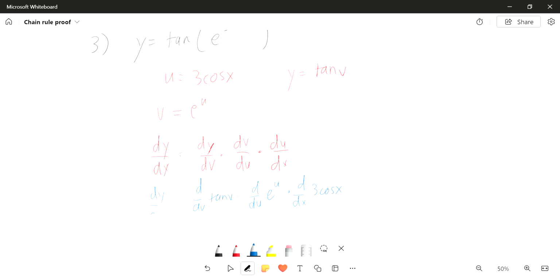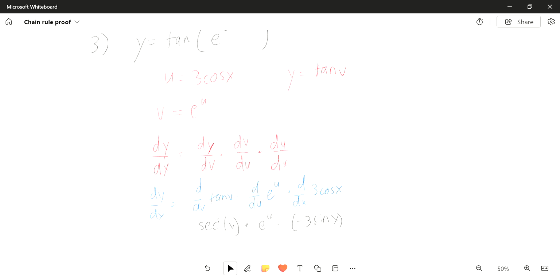And all of that is dy over dx. So now what we need to do is, what's the derivative of tangent? It's secant squared. So that means we have secant squared of v. And then we multiply that by the derivative of e to the u, which is itself. So we have e to the power of u. And the derivative of 3 cosine x is negative 3 sine x.